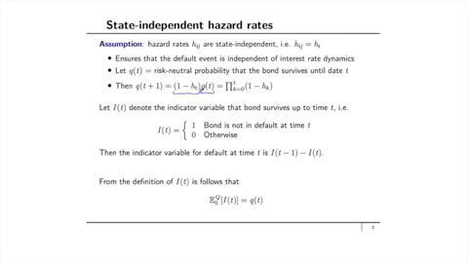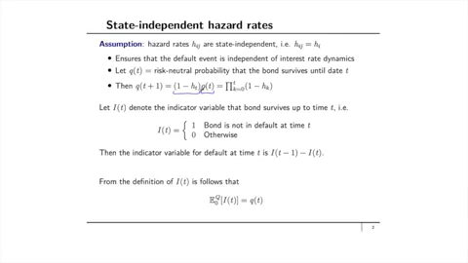Let It denote the indicator that the bond survives up to time t. So it is going to be 1 if the bond is not in default at time t, and it's going to be 0 otherwise. Then the indicator variable that the default occurs exactly at time t is going to be the difference between It minus 1 and It. It minus 1 equals 1 and It equals 0 tells me that exactly the bond defaulted at time t.